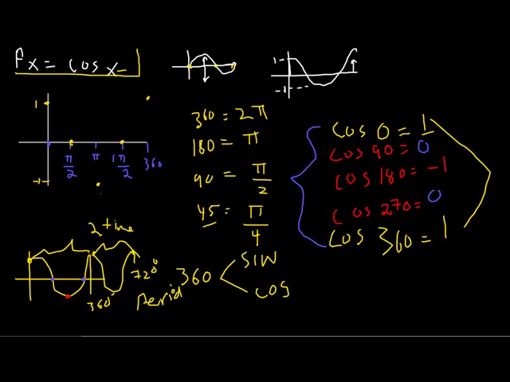Once you get the general shape, which should look like a V, you can plot more points, like cos of 45, and half of that, which is 22.5, and so on and so on. This is a little trick.